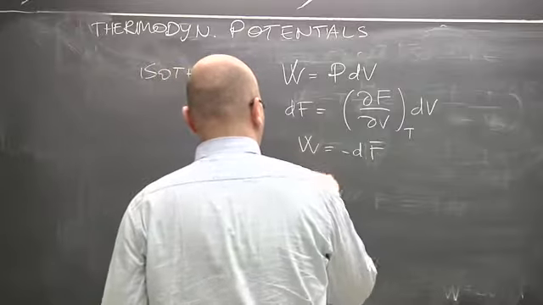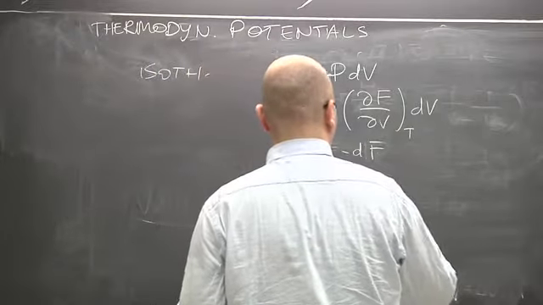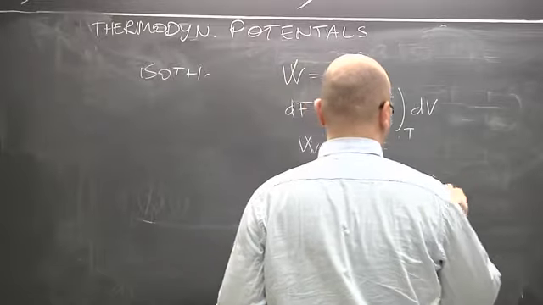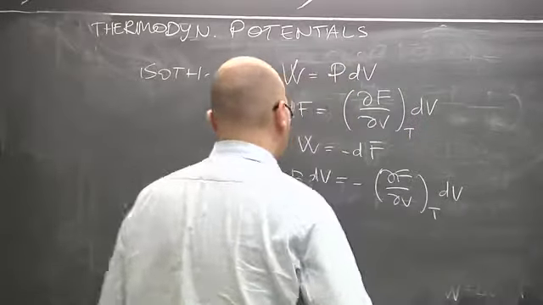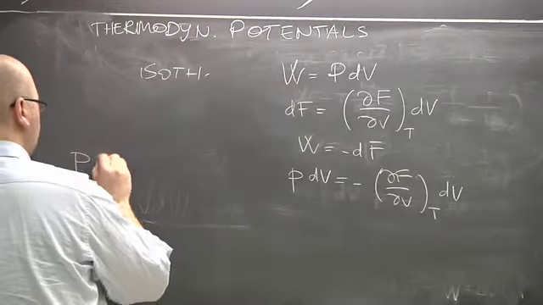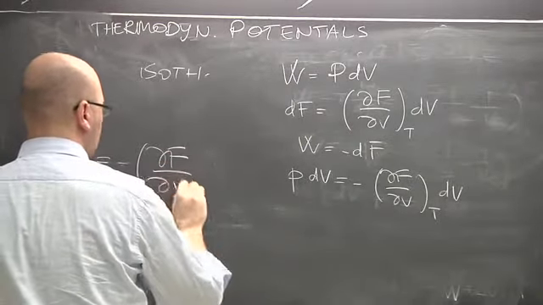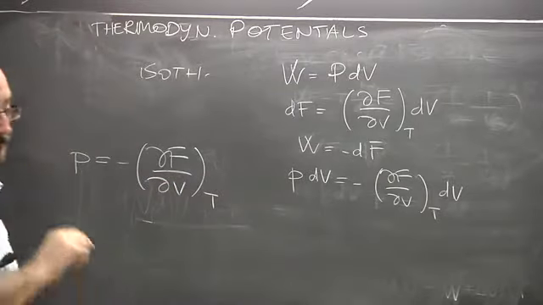Then we have that P dV is equal to minus dF/dV at constant temperature times dV. So the pressure is minus the derivative of the free energy with respect to the volume at constant temperature.